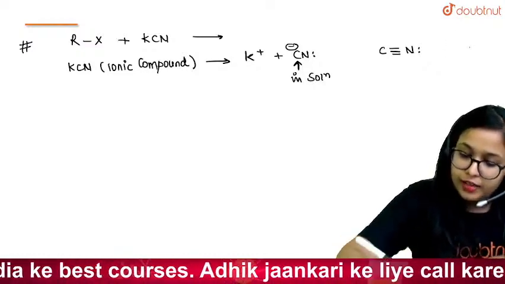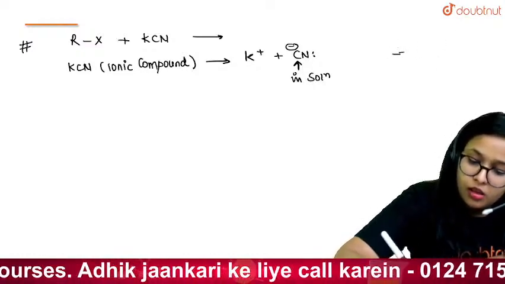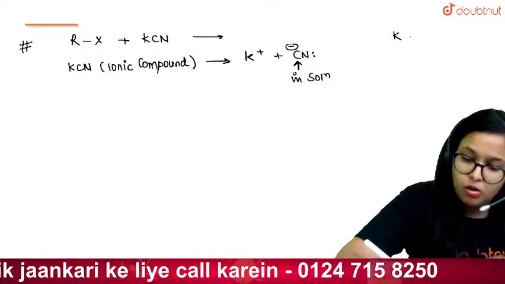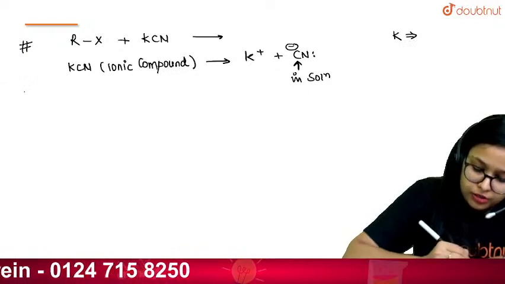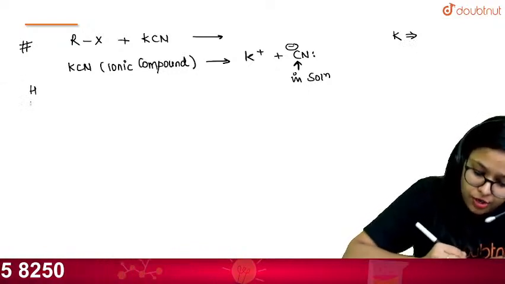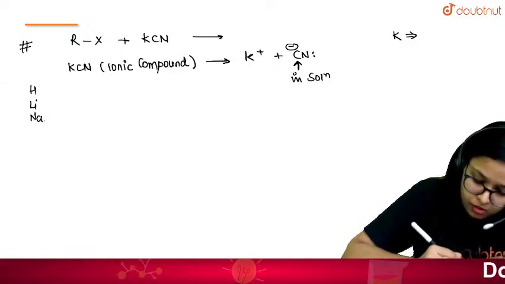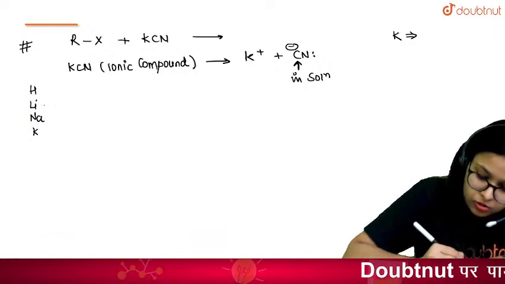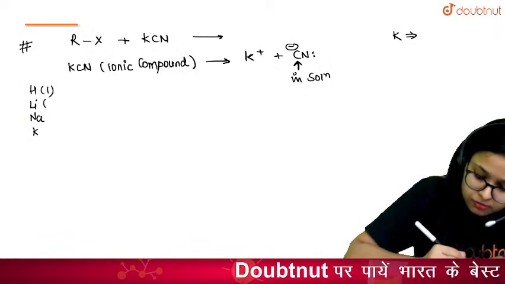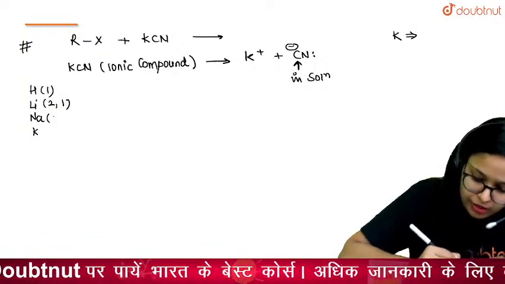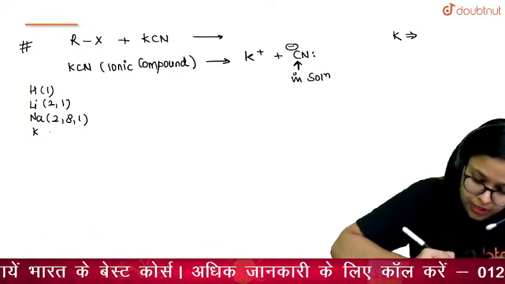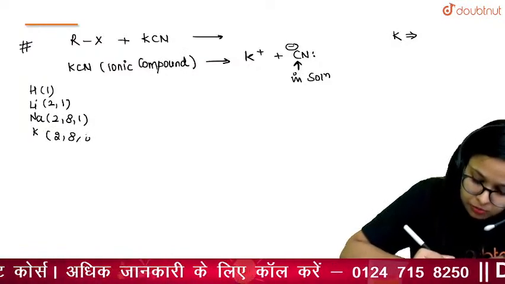You should know that if I take potassium or NaCN also, it is a first group element. The electronic configuration of hydrogen is 1. For lithium it is 2 1. For sodium it is 2 8 1, and for potassium it is 2 8 8 1.